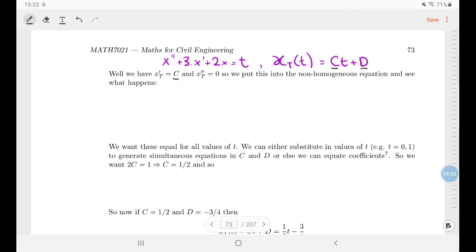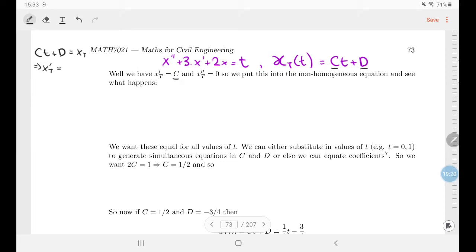And then the second derivative, you differentiate that again. Now maybe I'll just slow down and do that over here. So you have ct plus d. Let's just write this as x of t, therefore x dashed of t. So differentiate ct plus d. C and d are constants, we just aren't specifying what they are.